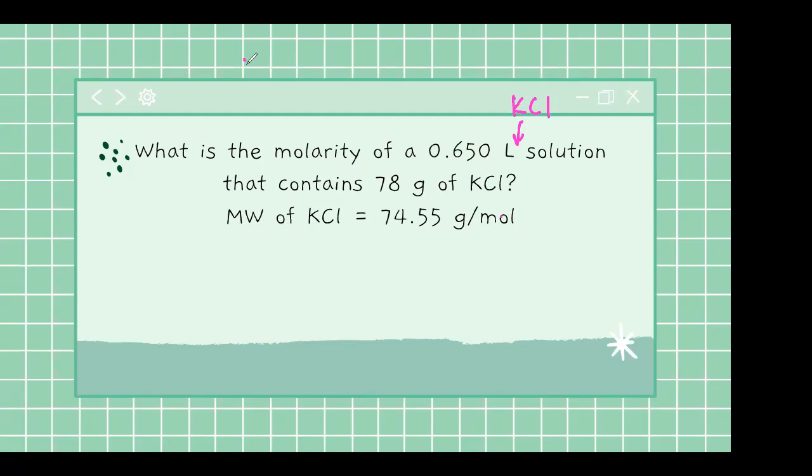Knowing that molarity, big M, equals moles of solute over liters of solution, okay, what is given to us in this problem that we could already directly plug into this equation? Yeah, liters of solution. Good job.